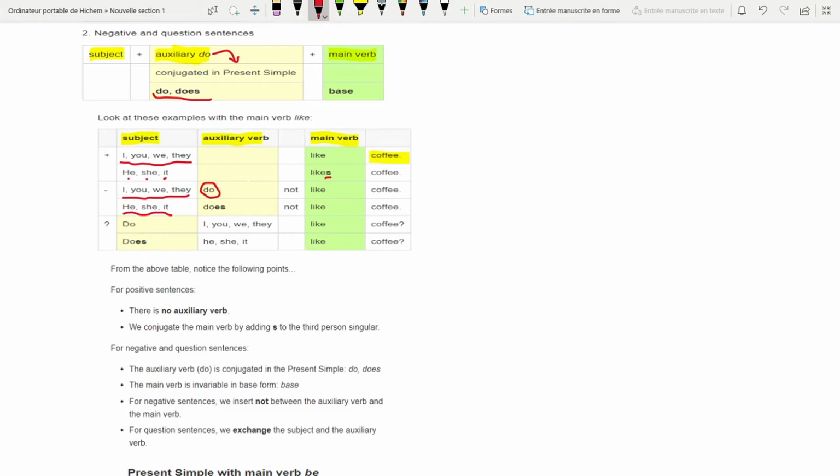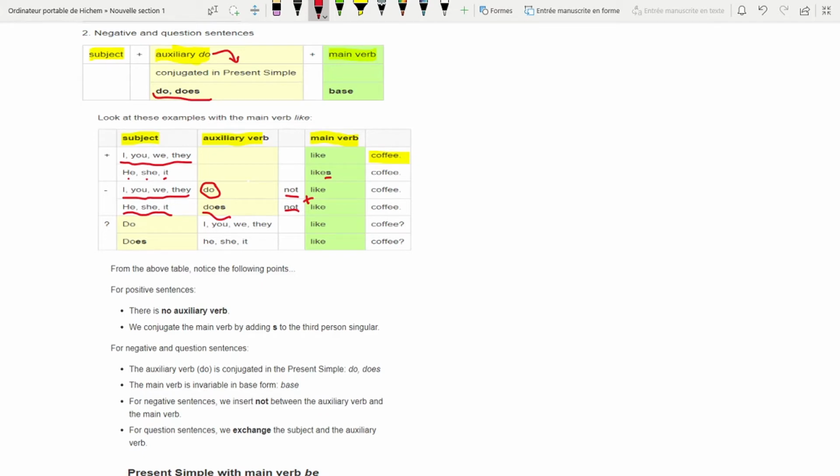When it's he, she, or it, or the proper nouns that we can use instead of these three pronouns, we use does. Then after the auxiliary verb, we add not, plus the main verb. This is how we form negative sentences.